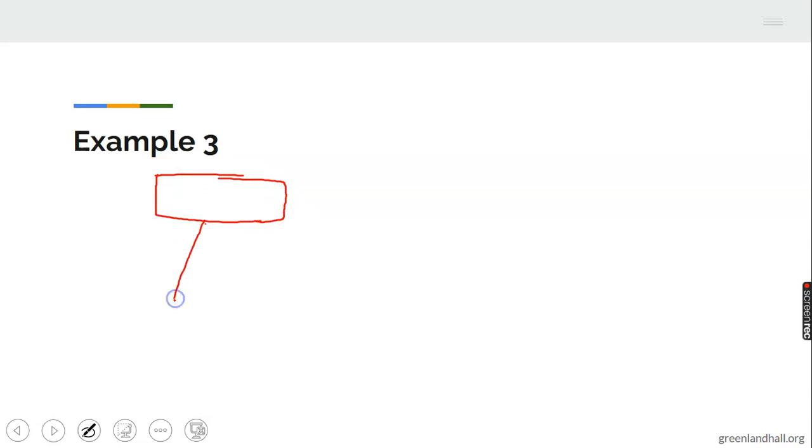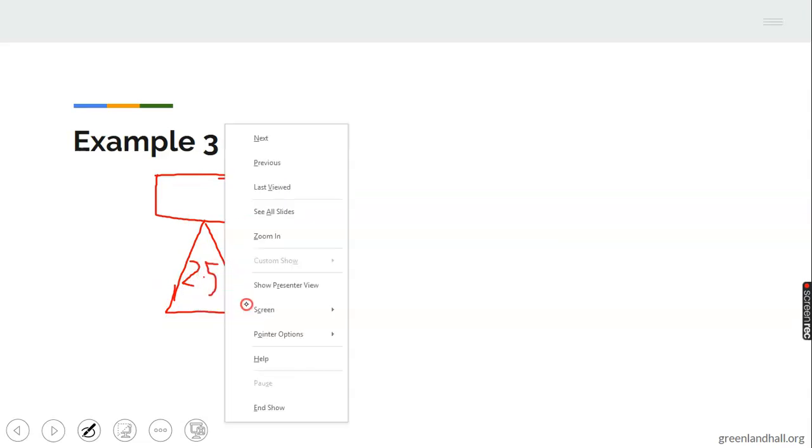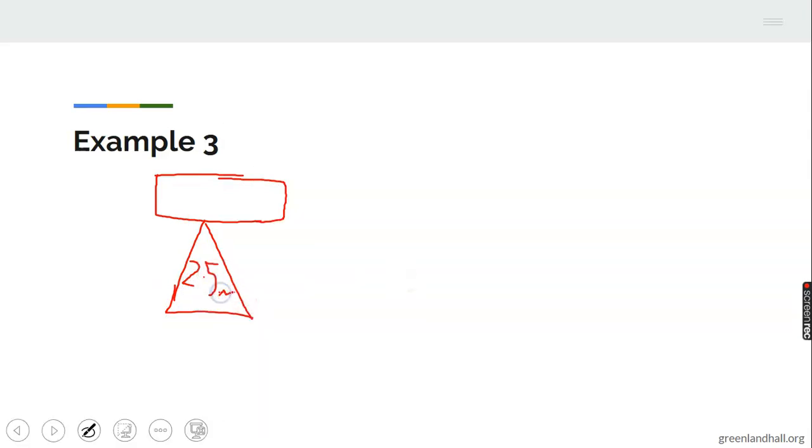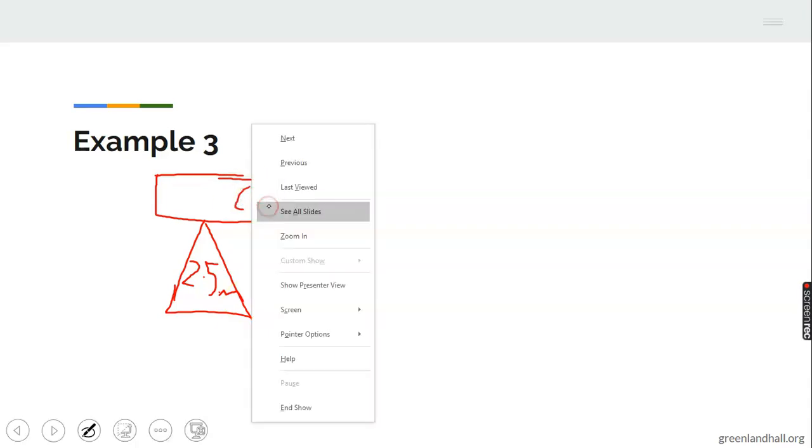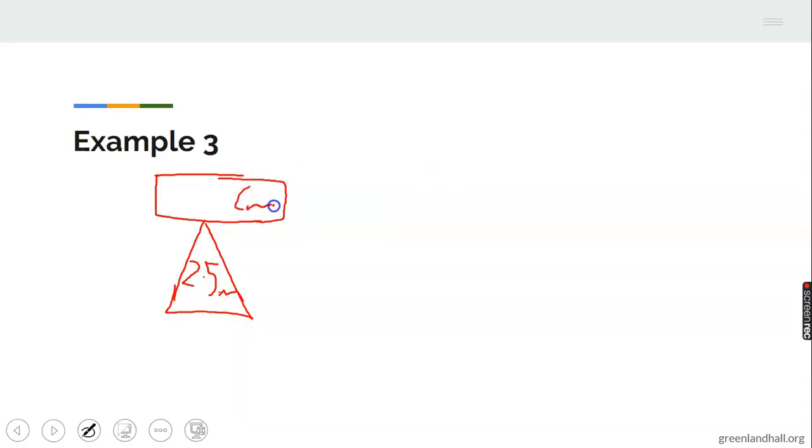Then the next one is 2.5 meters. So we want to take it to centimeters. I told you we multiply by what? 100.